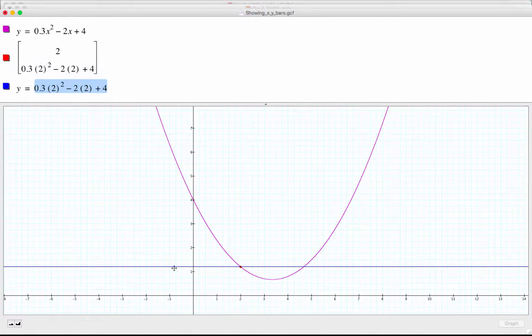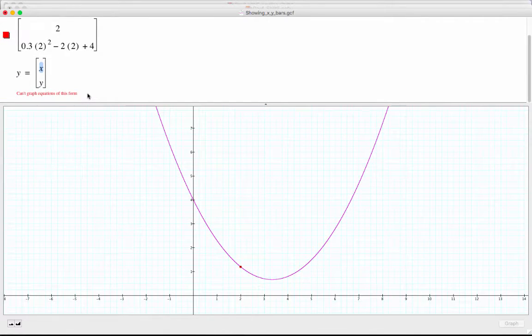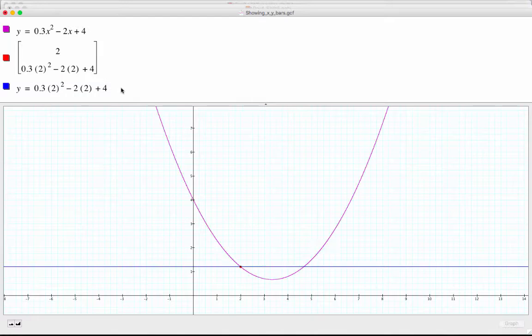What I really want to do is get rid of all of this on this side, and get rid of all of this on this side. So how can I do that?